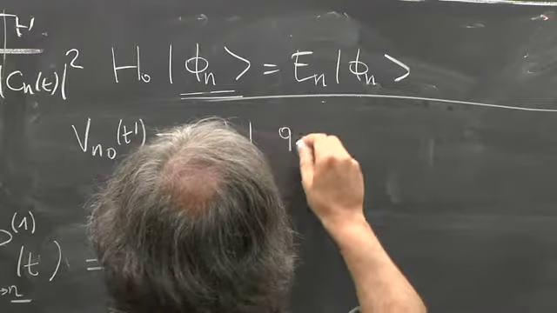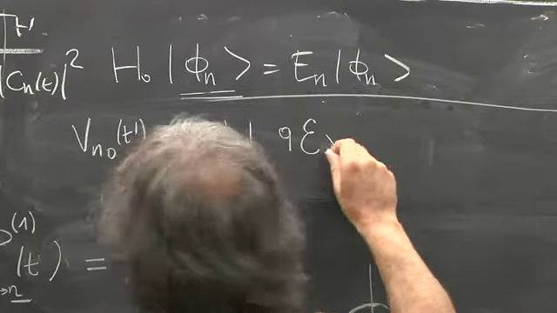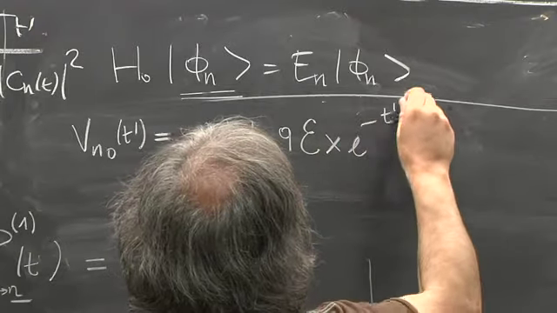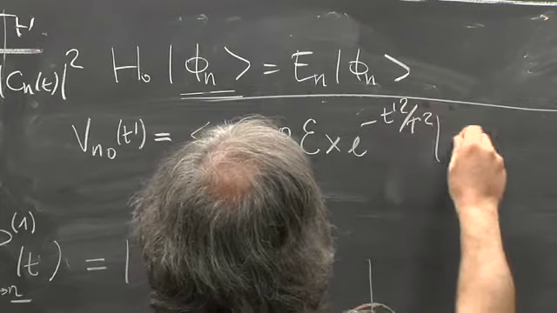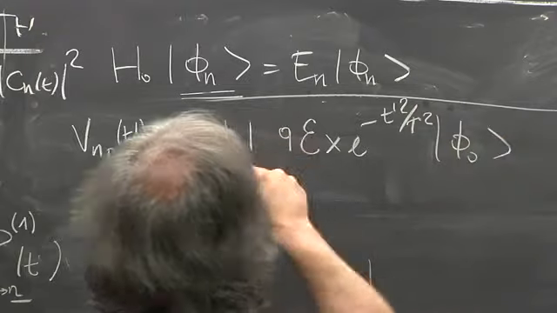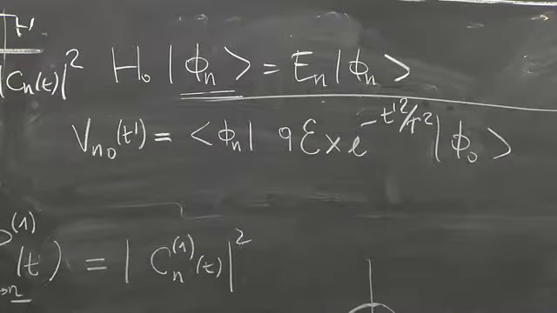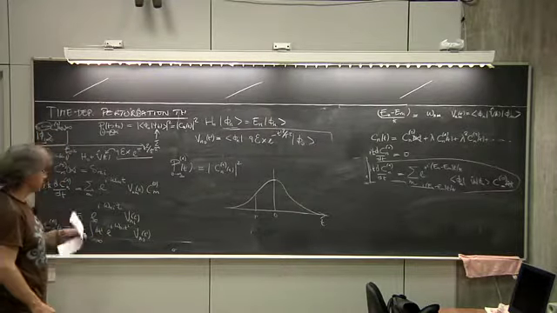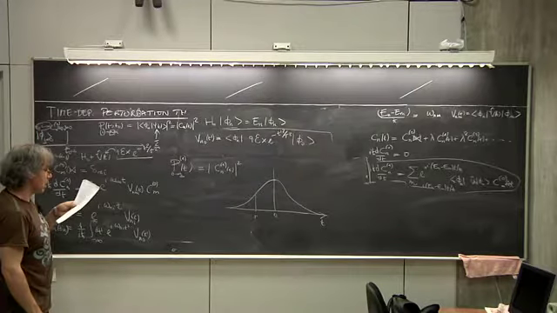So I have to calculate this between these two states. Okay? And then I have to integrate, I have to multiply by this object here.